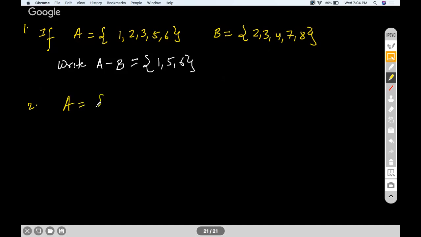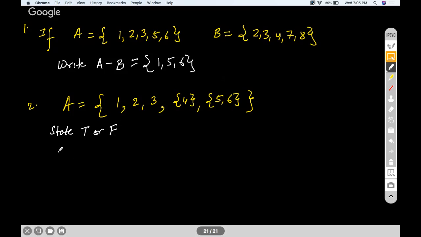If A is a set which contains 1, 2, 3, 4, 5, 6. Okay. Then state true or false.